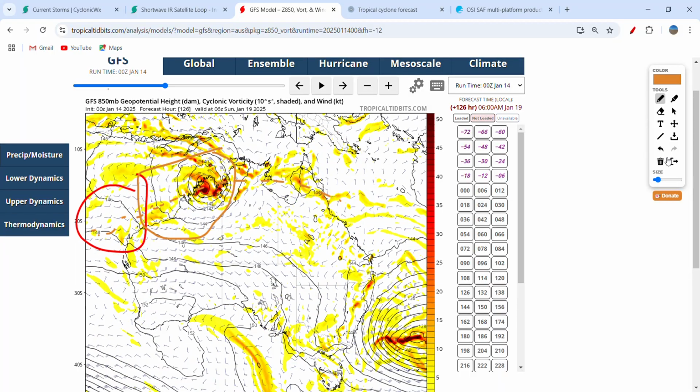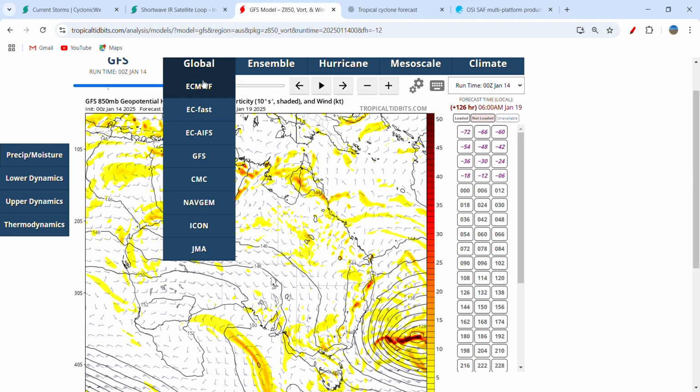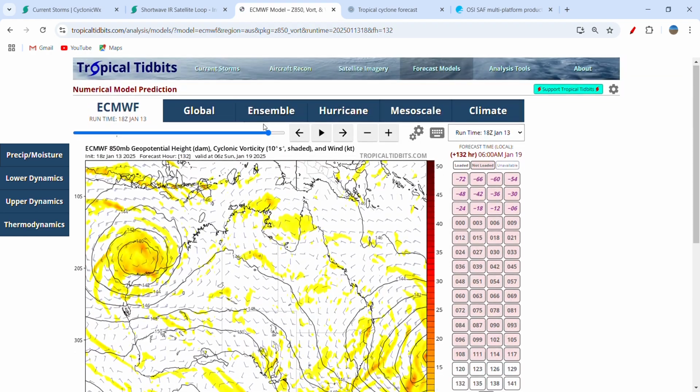But let's see what the other models have to think, because for the most part, what I've noticed over the past few days while looking at this is that it's an outlier, and there are other solutions.